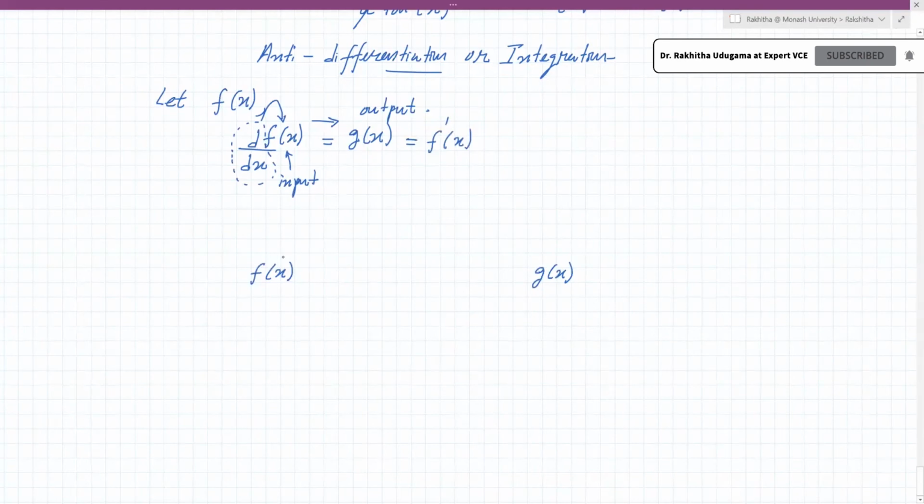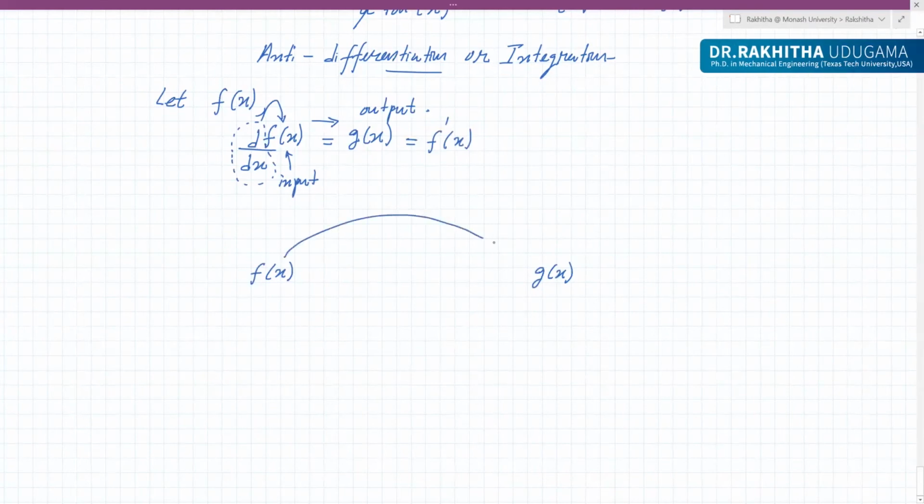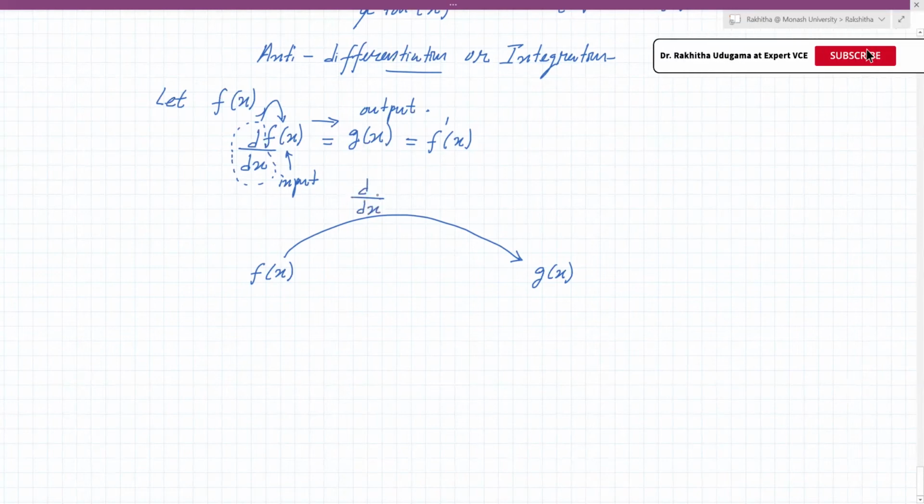If I want to get g(x) from this side, I have to introduce this differential operator.